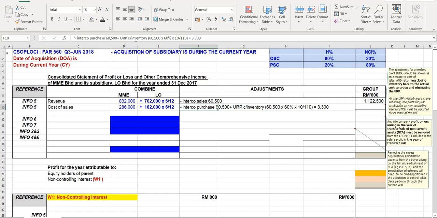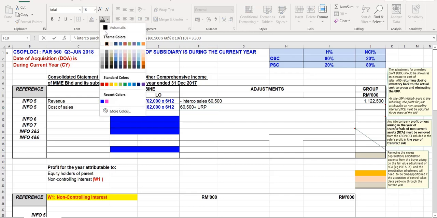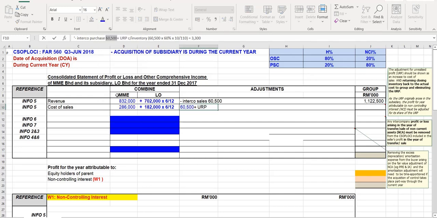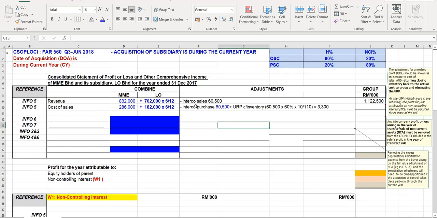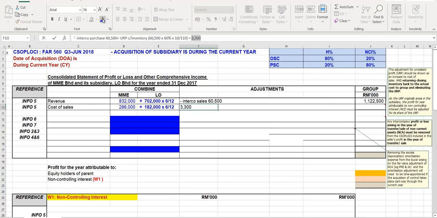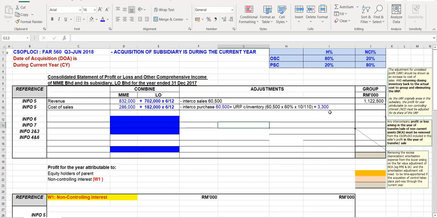And again, you also have to do that for the unrealized profit. So unrealized profit, another item, 3,300. Okay, so you can see all the blue figures there, and same goes for the intercompany sales, right?